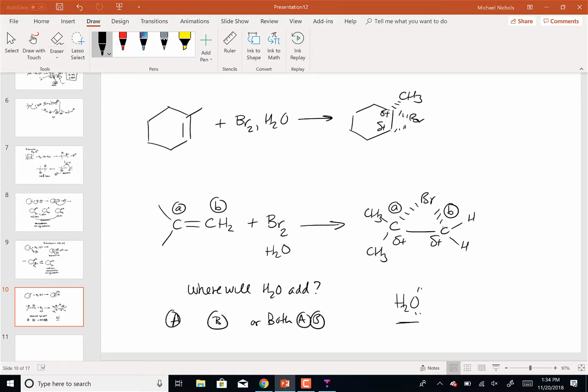David? Does that include the third degree carbocation versus tertiary? Okay. So carbon A looks like a tertiary carbocation, kind of, if you gave it a full charge.